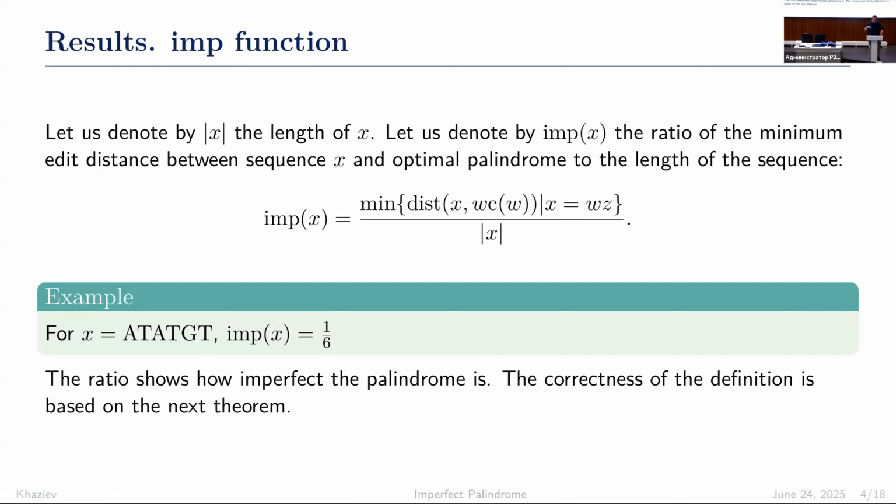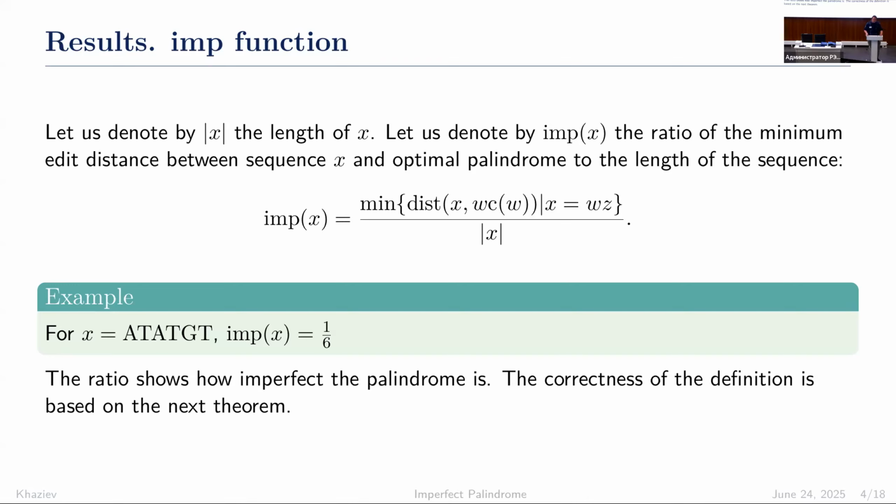To define how close a string is to being a palindrome, we introduce the imp function. For x, imp of x is the ratio between the minimal edit distance between x and an optimal palindrome, divided by the length of the sequence. For example, take the sequence ATATGT.